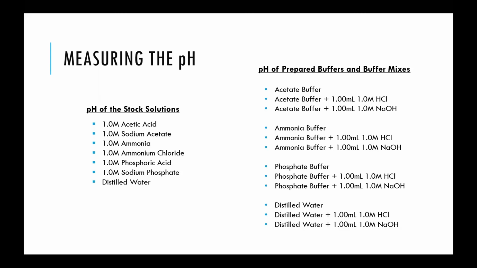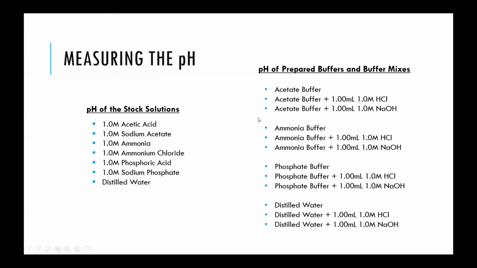Now, once you have all three of your buffer solutions prepared, you're going to be testing these and measuring the pHs of these different buffers and solutions. All of the stock solutions that you're using to prepare the buffers are 1 molar stock solutions, and you're going to record the pHs of these on the report form.